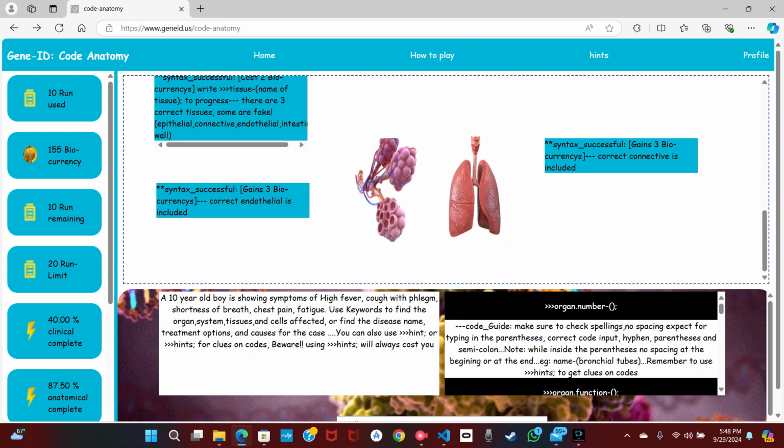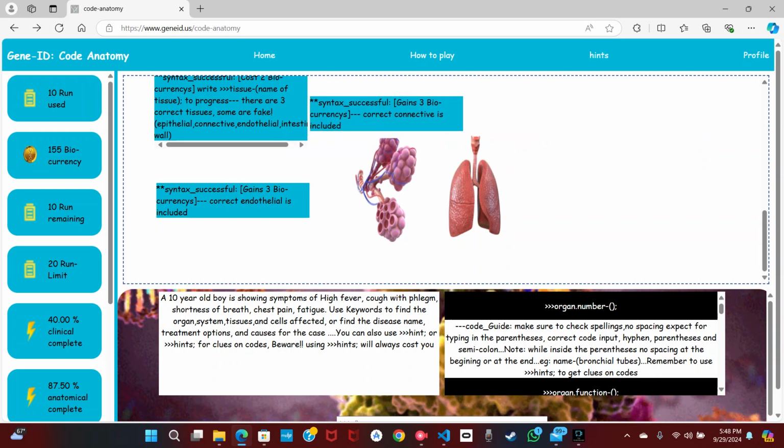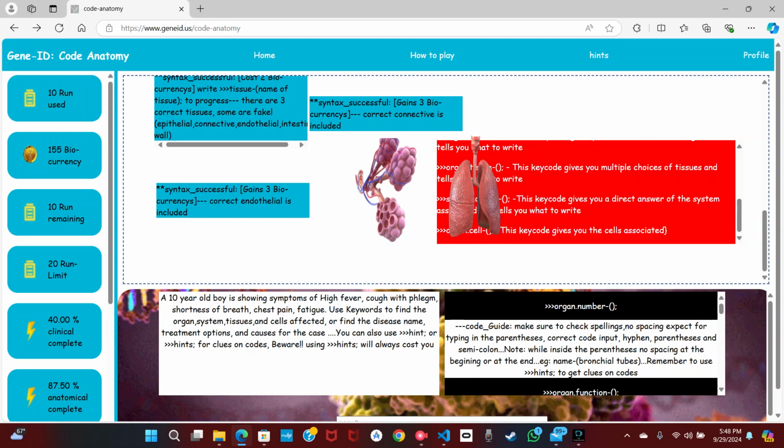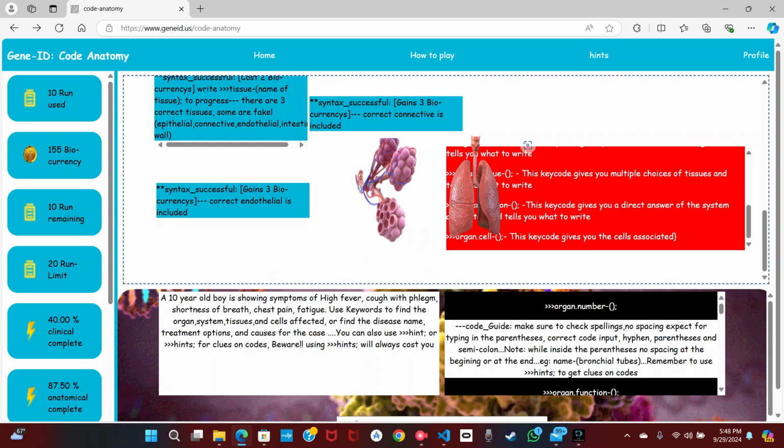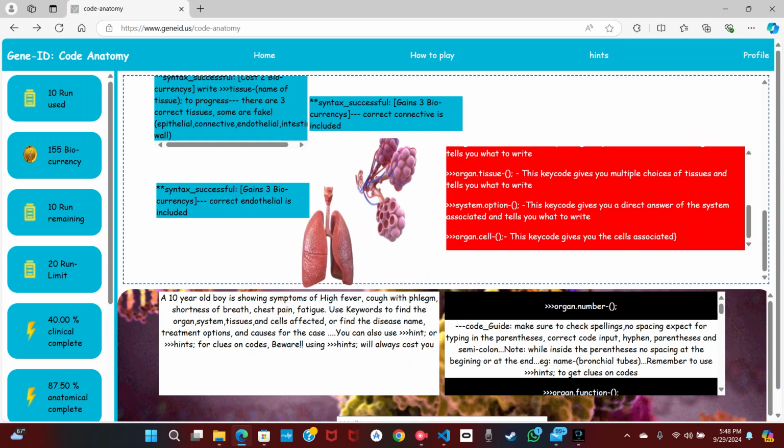Let's go with cells. All right, cells that are affected. So let me go back to hint. Again, this is where I use hint. All right, now hint is telling me something. Organ dot cells. Okay, so cells like the last one.